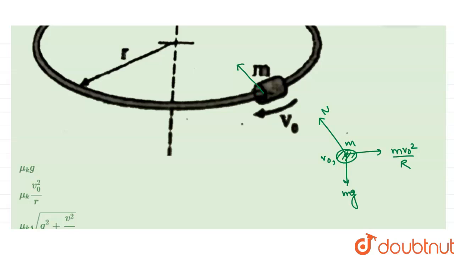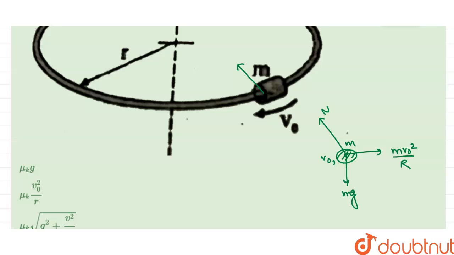So the net forces acting on this hoop are the normal reaction n, the weight mg acting downwards, and the centrifugal force mv0 square upon r. As you can see in the figure, the normal is basically the resultant of these two forces.